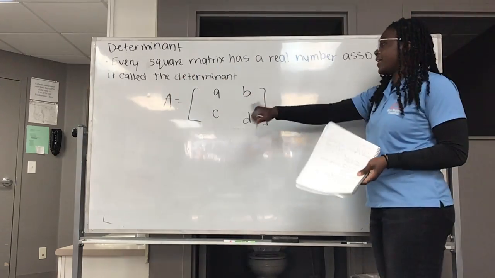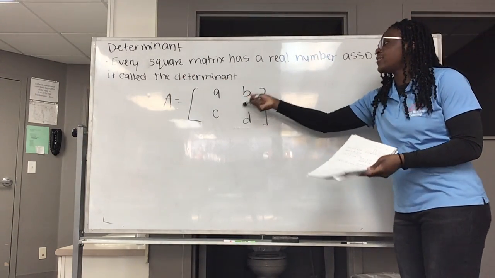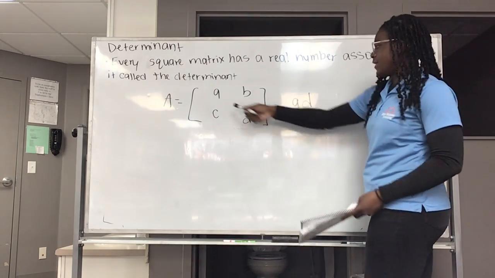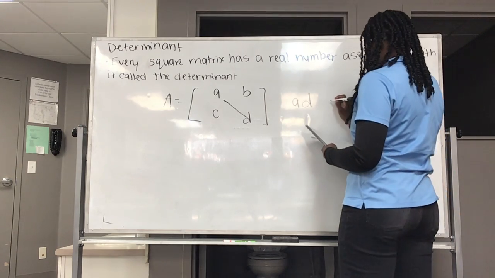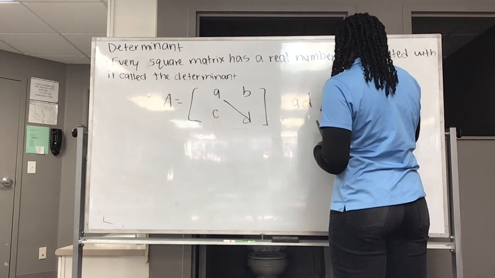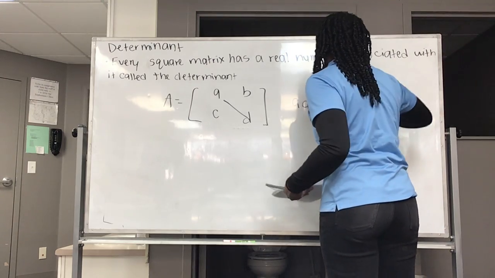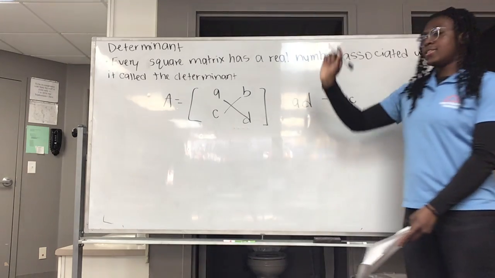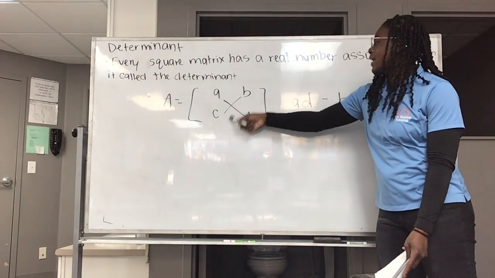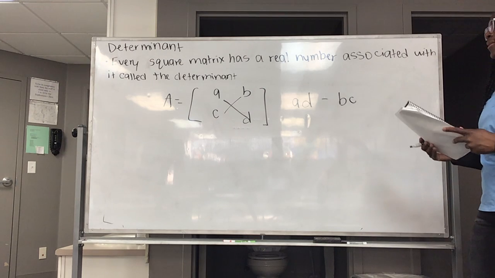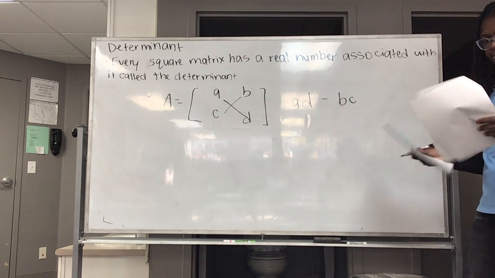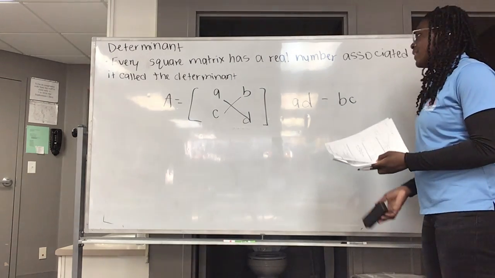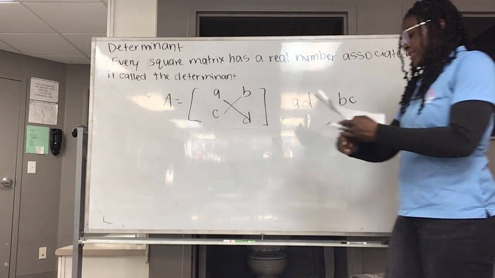If I had this matrix and I didn't use numbers but used letters, to find the answer it would be A times D, so across, minus B times C. So start in the top left, go across, and then multiply the other two together and subtract them. So I'll show you guys with an example, and then we can also use our calculator to find this. So I'll show you how to do that too.